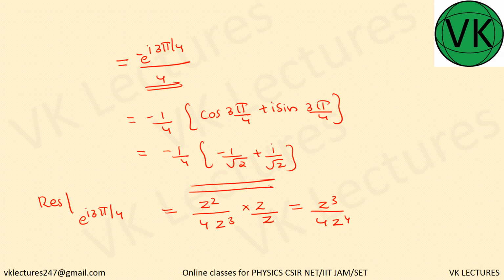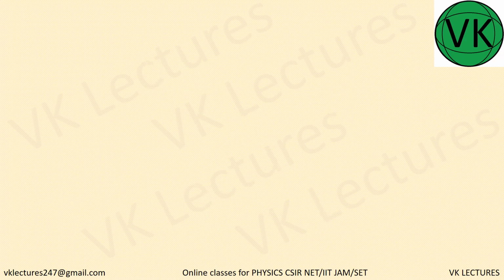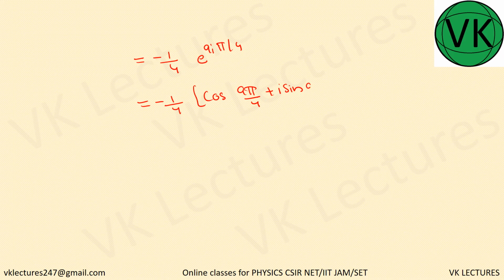So residue at e raised to i 3 pi by 4, we got this as minus 1 by 4 e raised to 9 i pi by 4. So that is equal to minus 1 by 4 (cos 9 pi by 4 plus i sin 9 pi by 4), that is equal to minus 1 by 4 (1 by root 2 plus i by root 2).